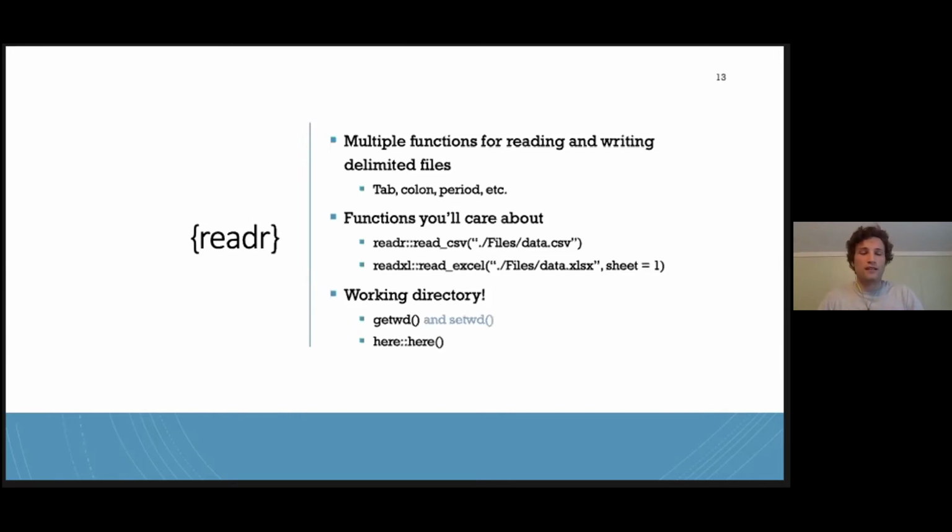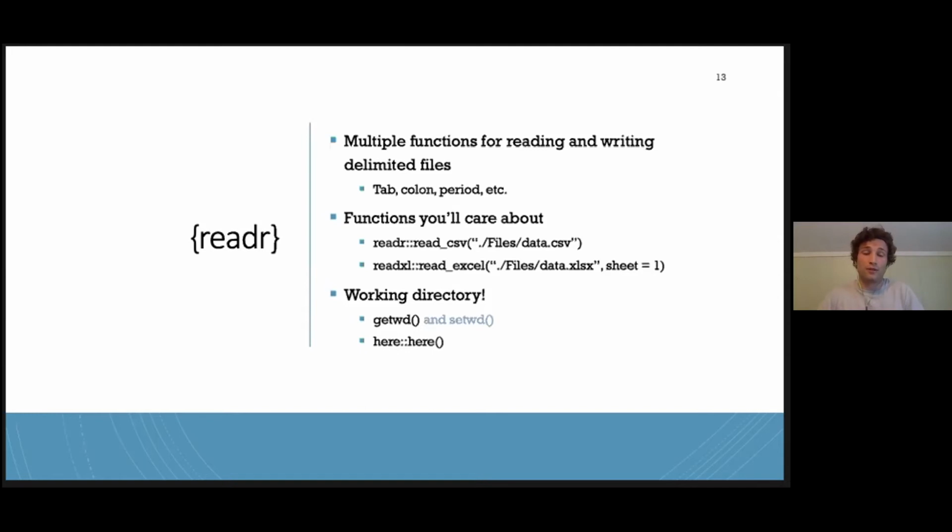And finally, just a note, if you're familiar with working directories already, then that's great. You should always try to read in data that already exists in your working directory. If not, you can try and run these two commands, this getwd or the here::here functions. What those will do is basically tell you what directory you're currently working out of.